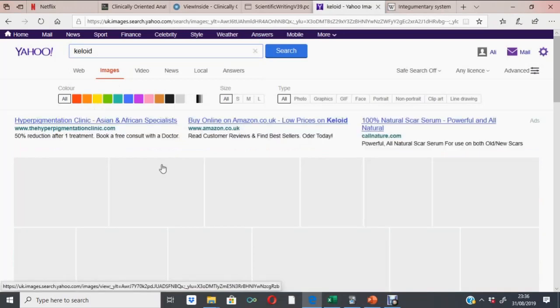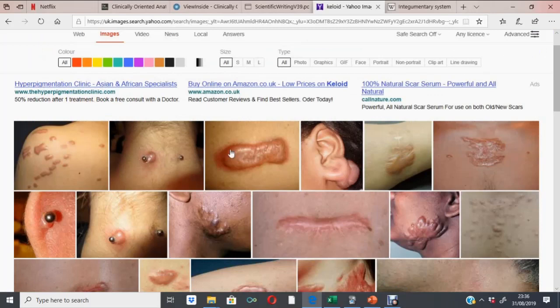Okay, so this is a keloid. This was supposed to be a normal scar, but maybe one of the reasons is that the incision was made in an opposite direction to the tension lines, so there was too much healing, and so this bump was formed, and this is essentially all collagen.